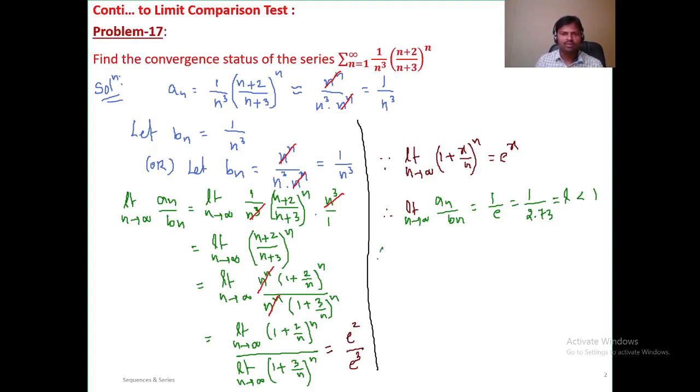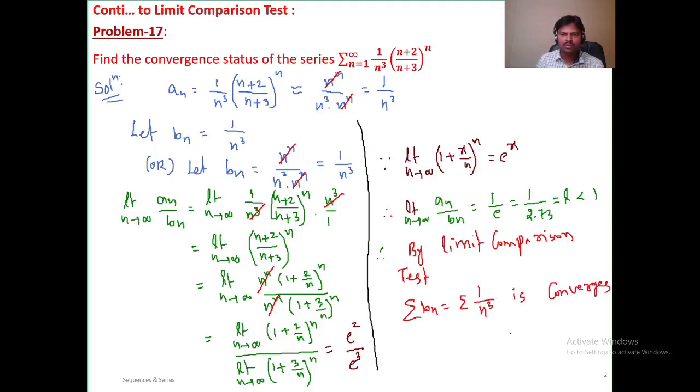Therefore, what is the conclusion? Therefore, by limit comparison test, series an and bn both converge or diverge together, but here I have chosen series bn. So series bn is nothing but series 1 upon n cube, which converges by p series test, because p is equal to 3.